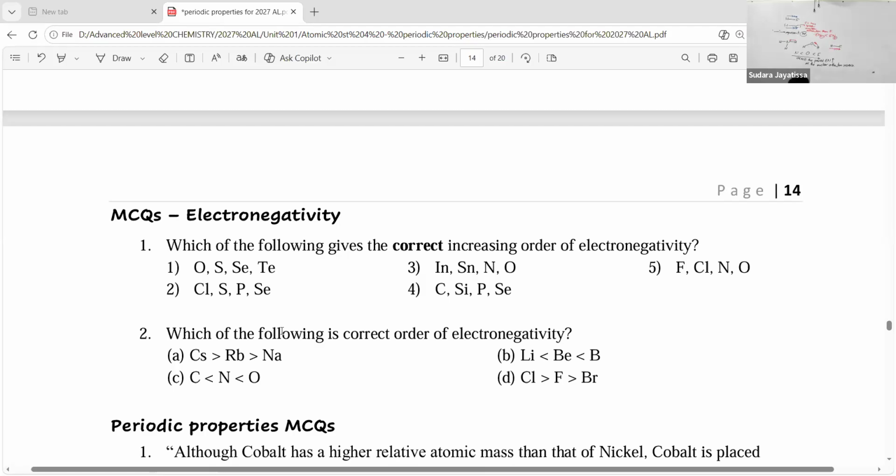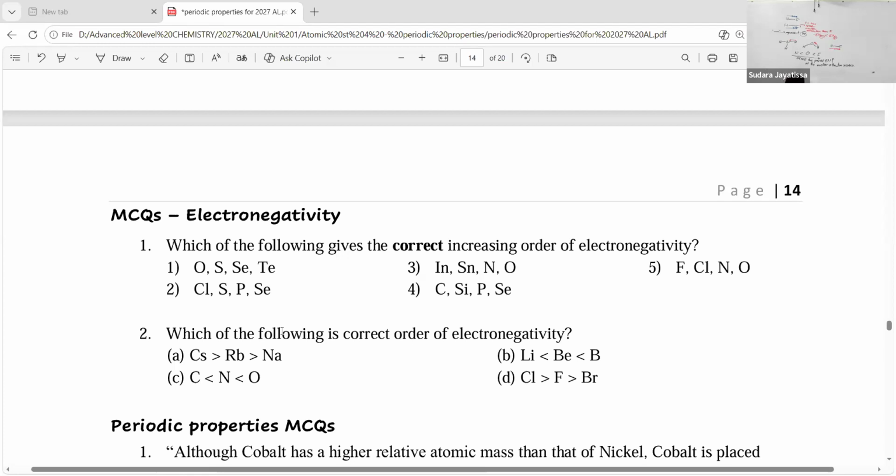Answer 1. Beryllium is the lowest. Beryllium, selenium, sulfur, and oxygen. That's the increasing order. Okay, they have given me the decreasing.